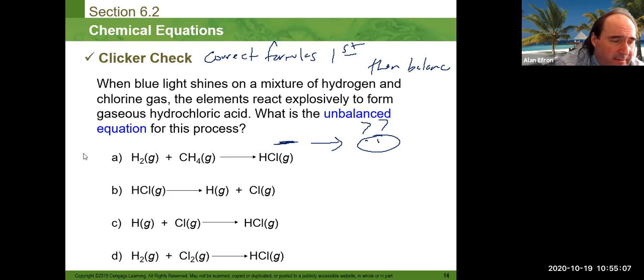And it's super common that people try to do both of those things together. They try to balance and write the formulas. What usually happens in those cases is you will end up with the completely wrong formula for a substance. And in addition to having the wrong formula, you'll be there all day trying to balance an equation that will not balance because you have the wrong formula.